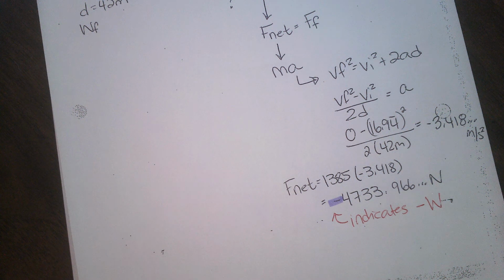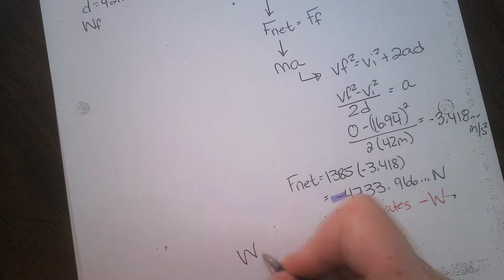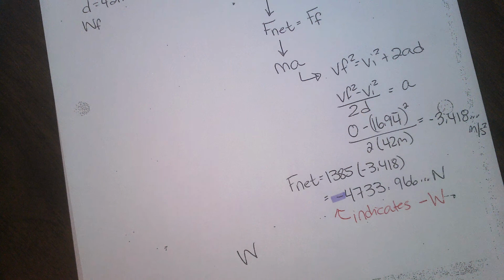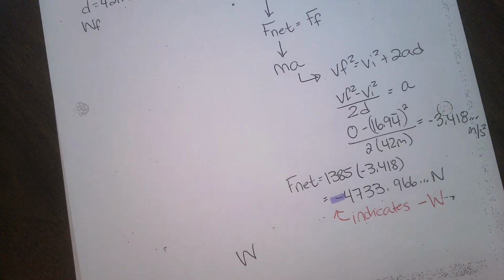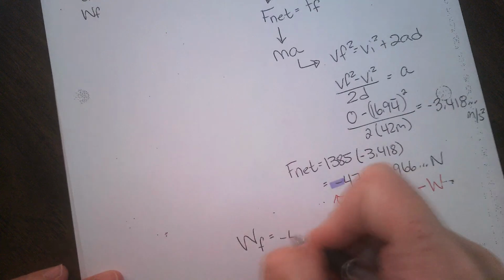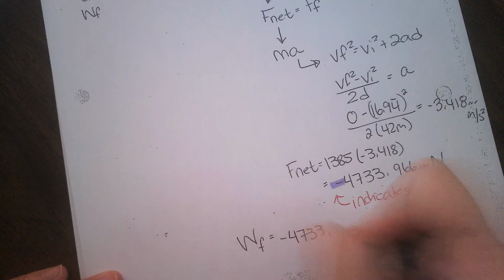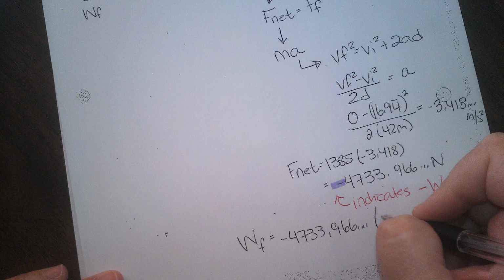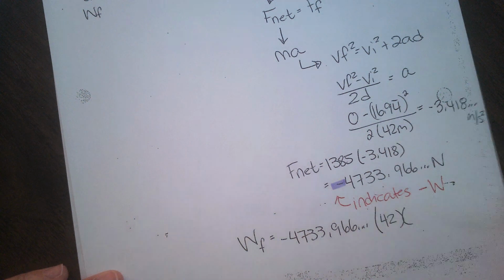Okay, now that I have force net, I can go back up and solve for force of friction. So force net being equal to negative 4,733 means my force of friction is going to be equal to negative 4,733. So work due to frictional forces is going to be negative 4,733 and change multiplied by 42 meters.